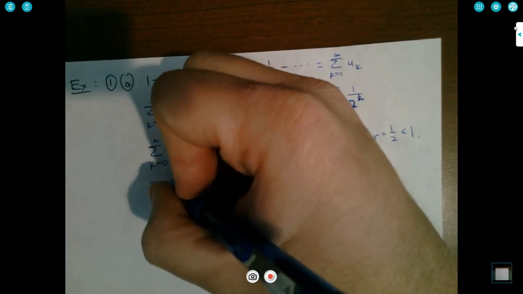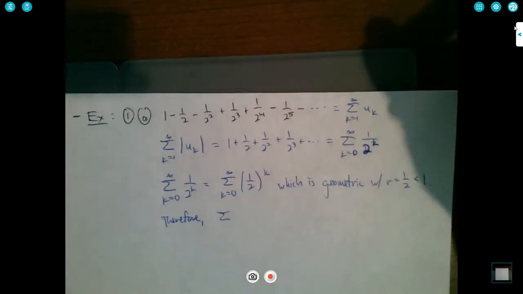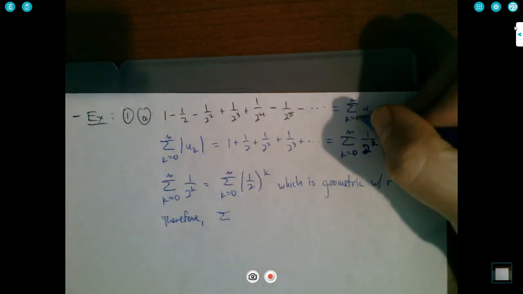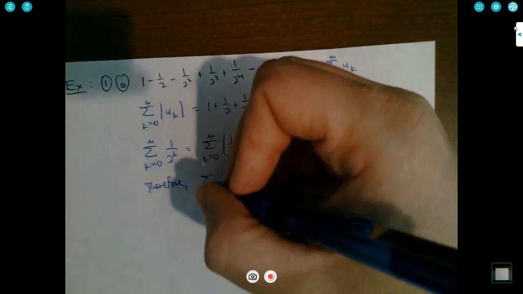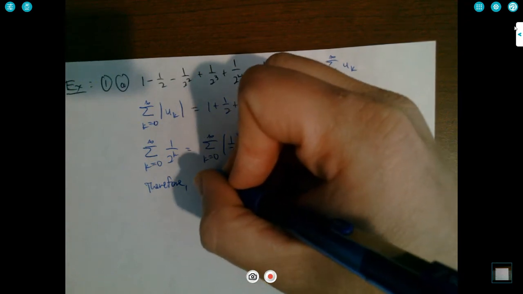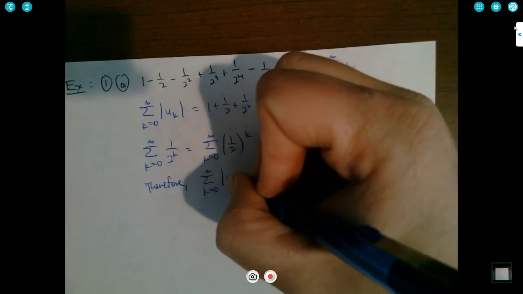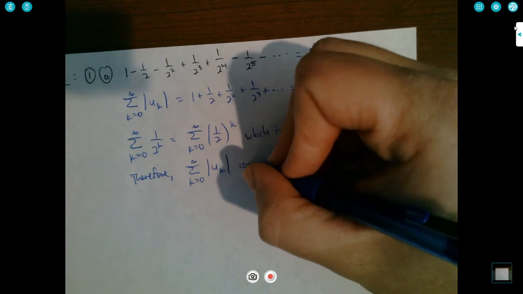Therefore, the sum from k equals 0 to infinity of the absolute value of u_k converges, and I started it at 1 before, I should have started at 0.